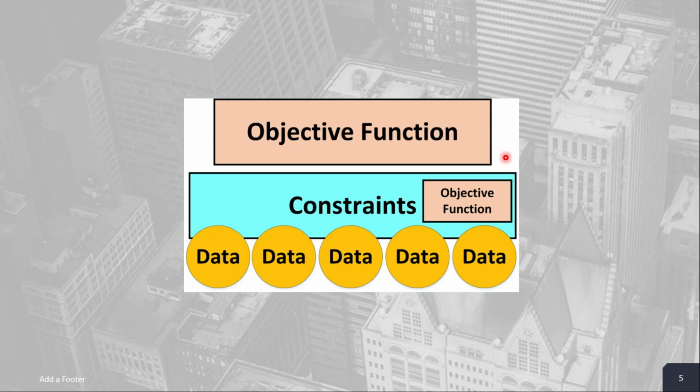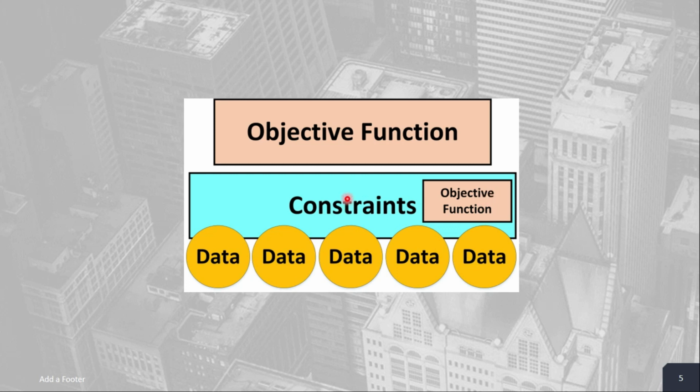Now, sometimes the objective function is inside the constraints also, right? To give you an example, for example, to do a job, the cost is less than something, and we can maximize the reliability also. So this problem can come under the objective function that comes under the constraints, right?